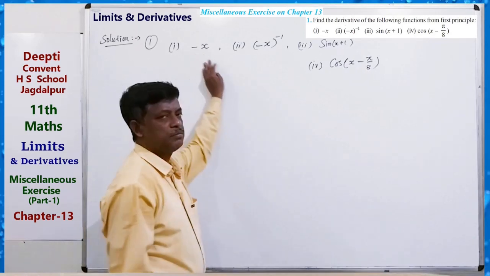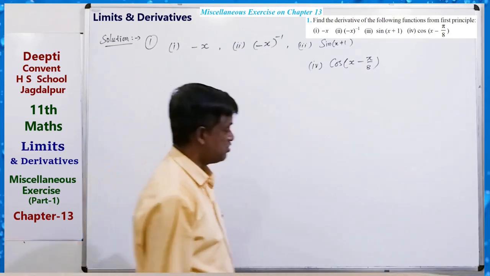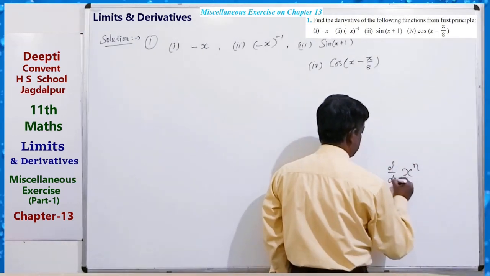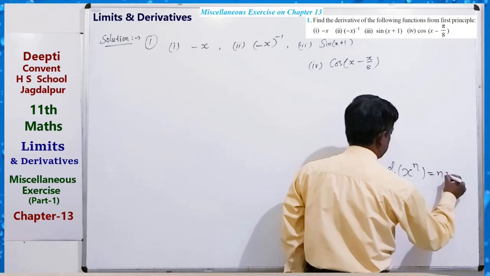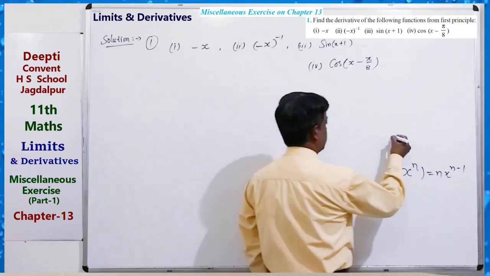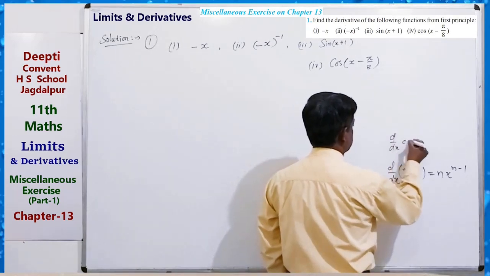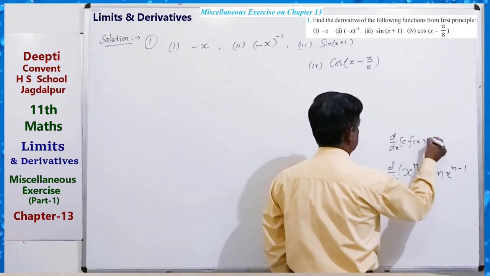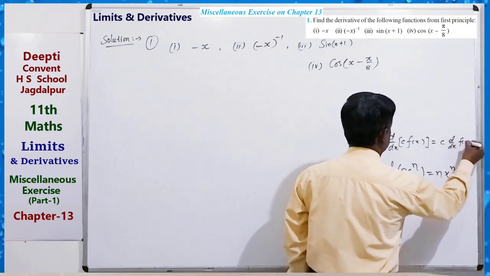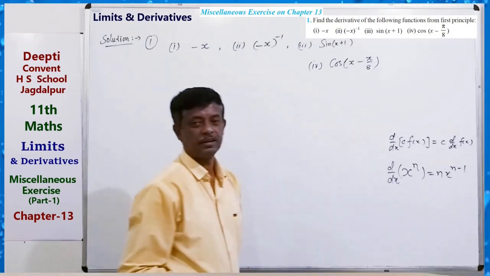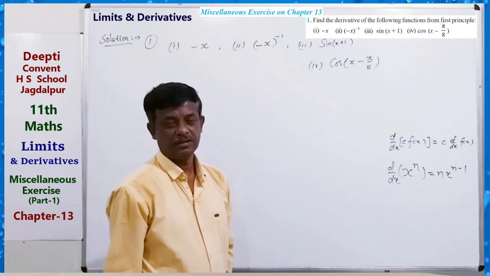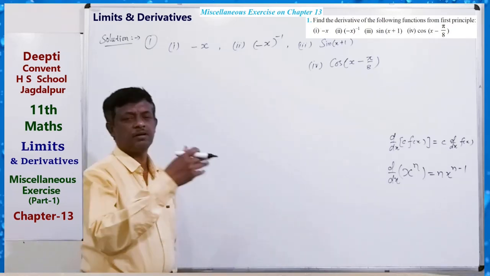This function, minus x. Just by using the formula for the derivative of x to the power n, we can get it. Also we know the derivative of a constant times a function: the constant can be taken outside, and then the derivative of the function. Also the derivative is distributive, from algebra.